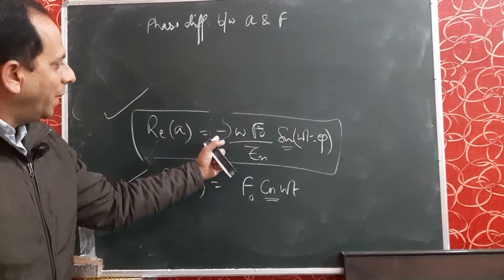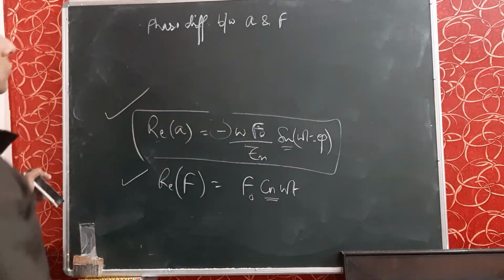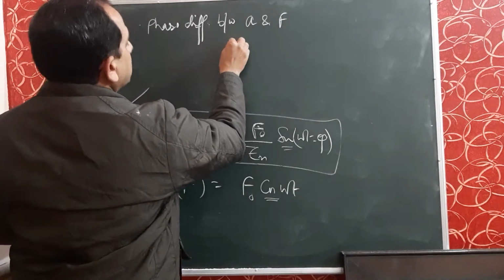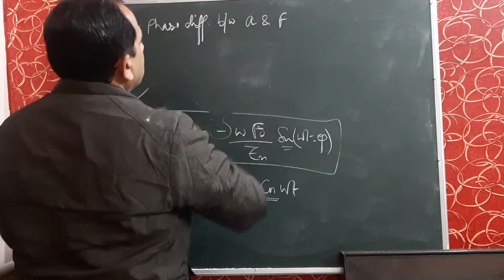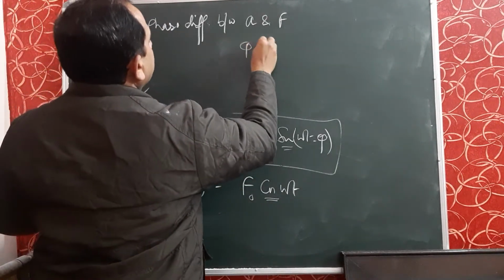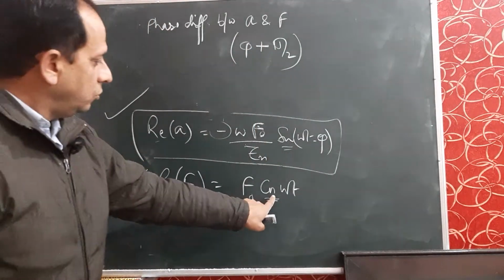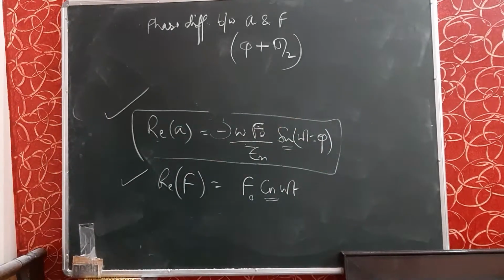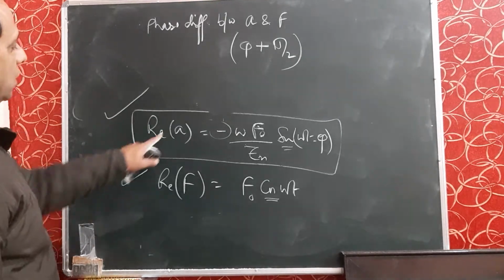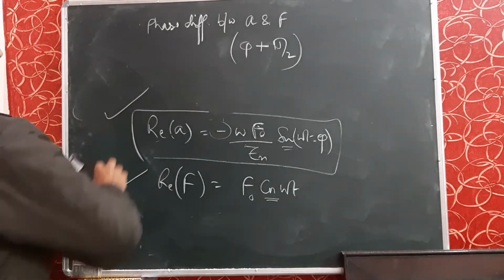So here it is minus sin(omega t minus phi), and there it is only cos omega t. When we compare both, you find the answer: the phase difference is phi plus pi by 2. You may write this as omega t or omega t minus phi, plus or minus 90 degrees, and you will get the same answer. So the phase difference between A and F is phi plus pi by 2.